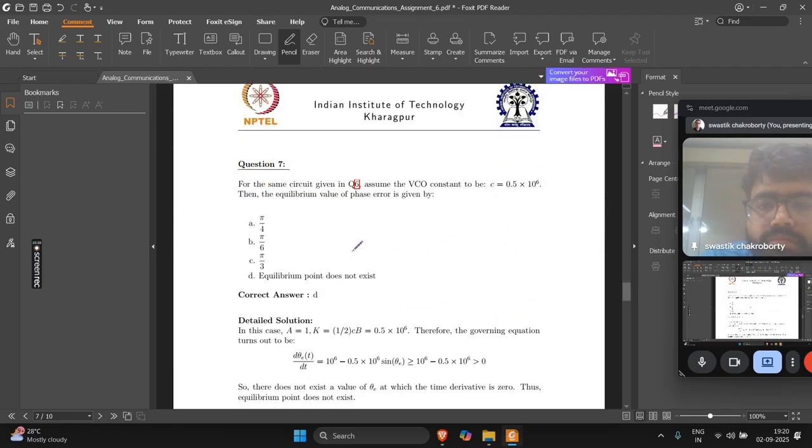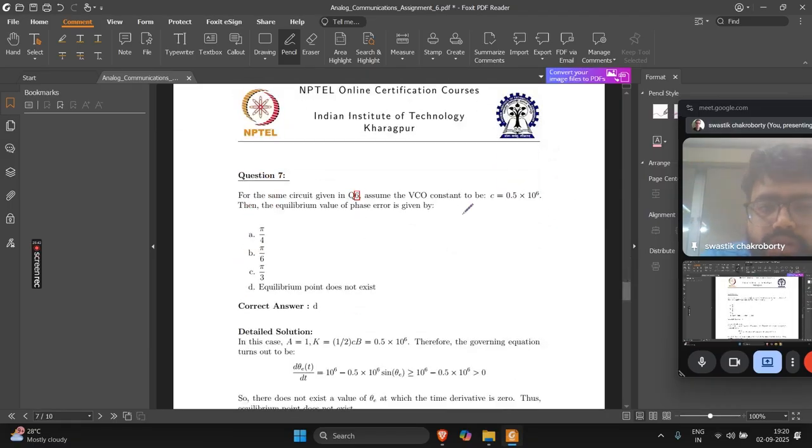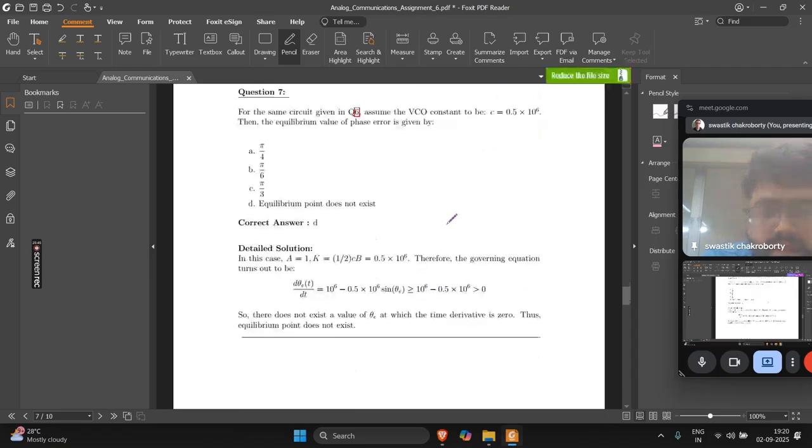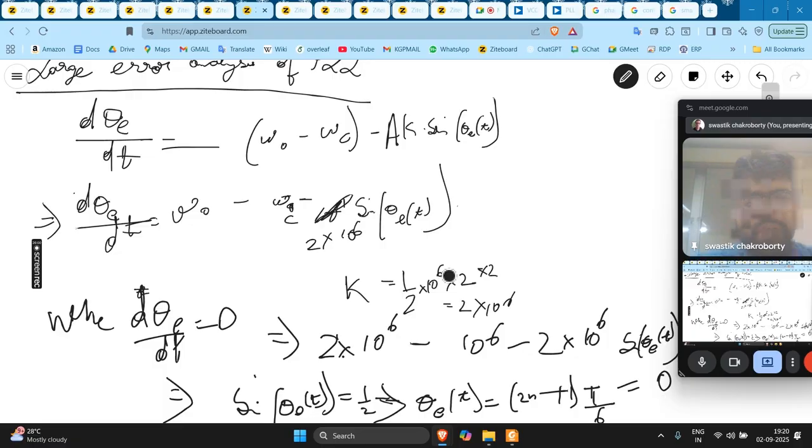Now, again for the same circuit, assume the VCO constant is 0.5.